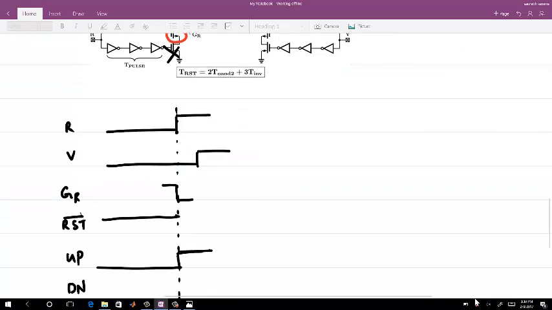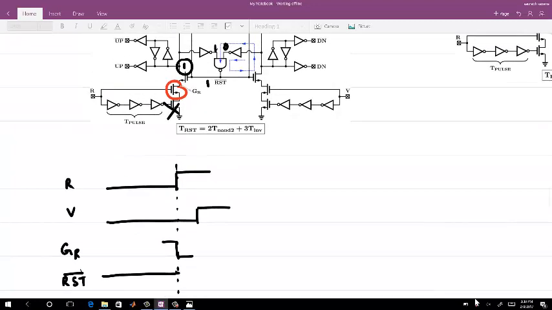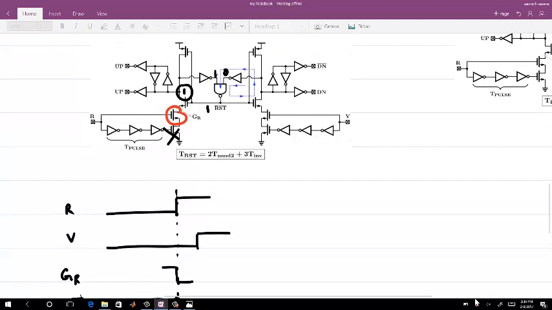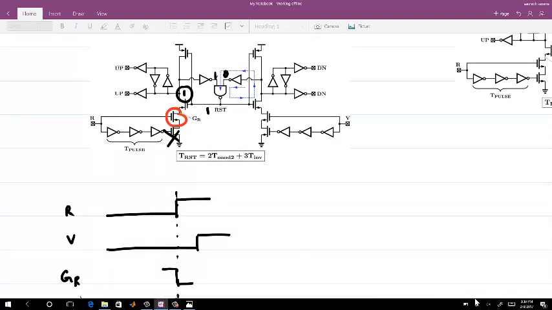Okay, now the other thing is, when the bottom transistor gets cut off, what will happen to GR? It will rise to some potential.